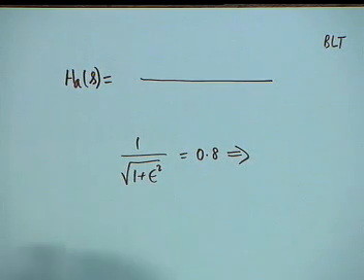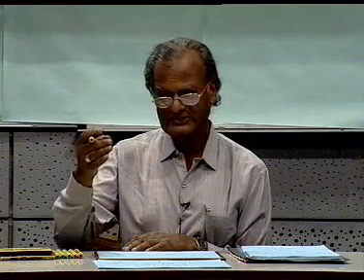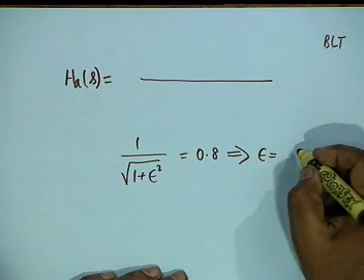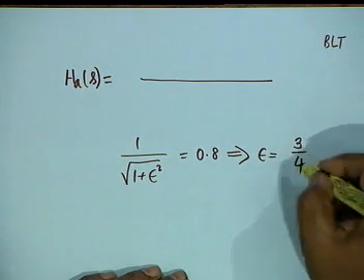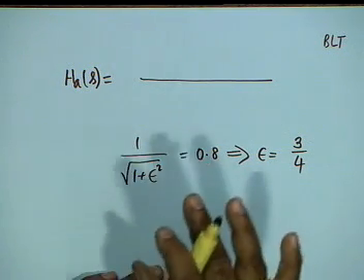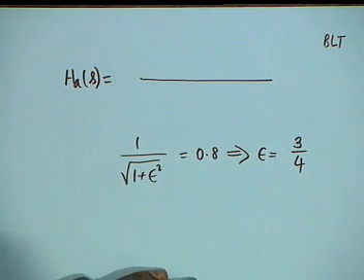Why is epsilon required to be calculated? Because you have to find out y3, c1, c0 and so on. Epsilon is calculated as 3/4. Once again, as long as possible keep them as fractions, then it will not give rise to truncation error.